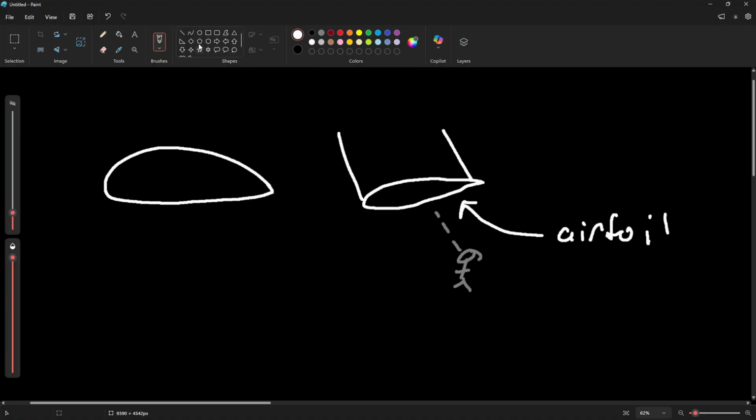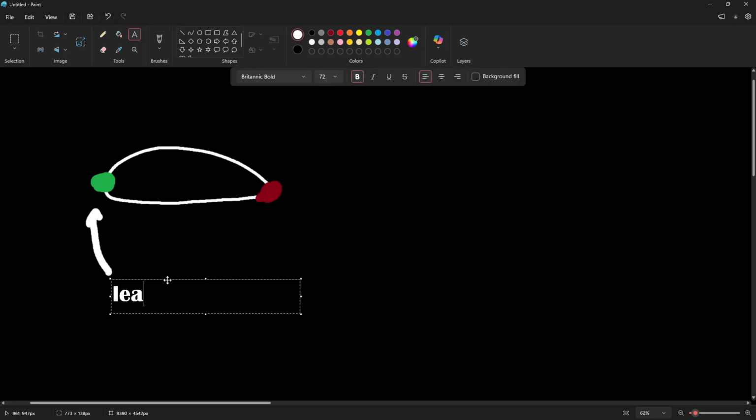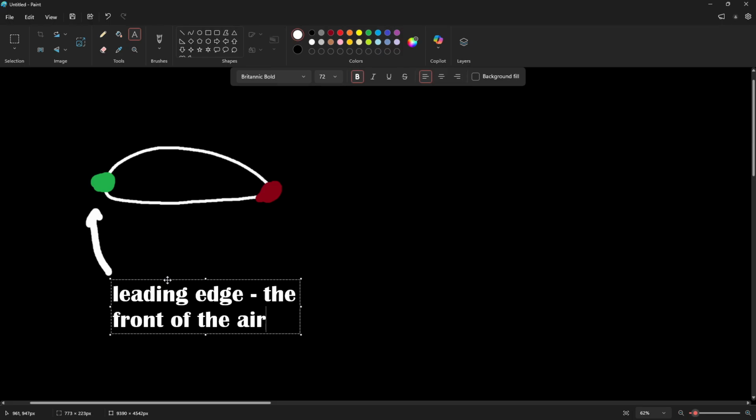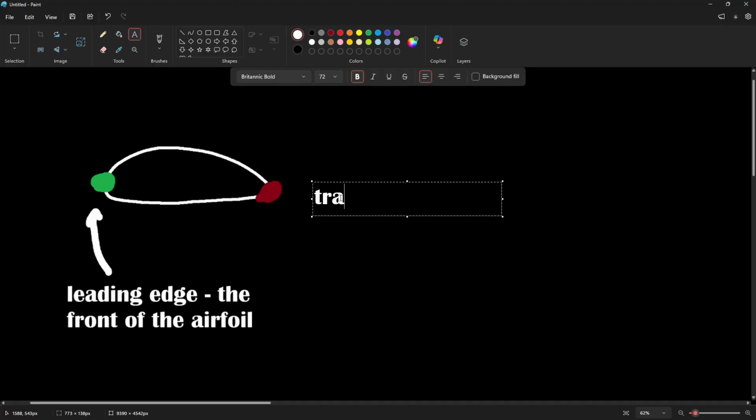So an airfoil has two edges: a leading edge and a trailing edge. The leading edge is the front of the airfoil, and the trailing edge is the back of the airfoil.